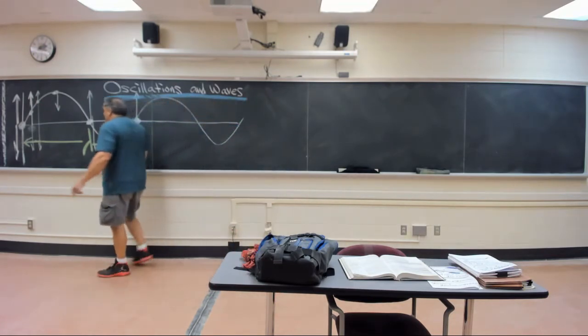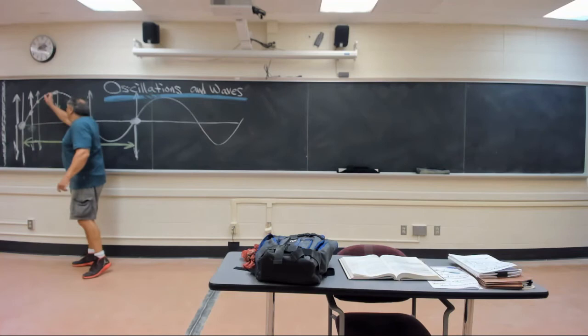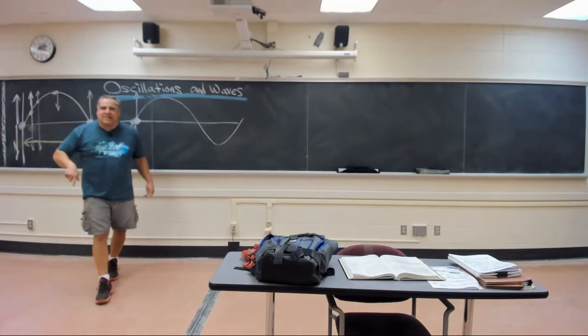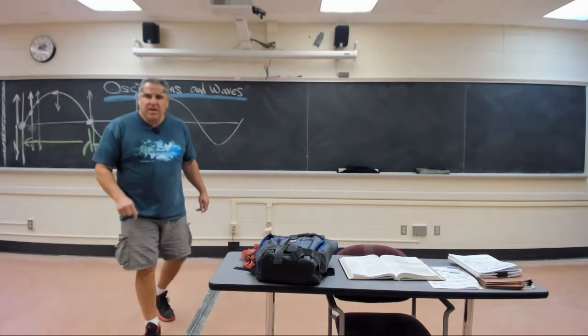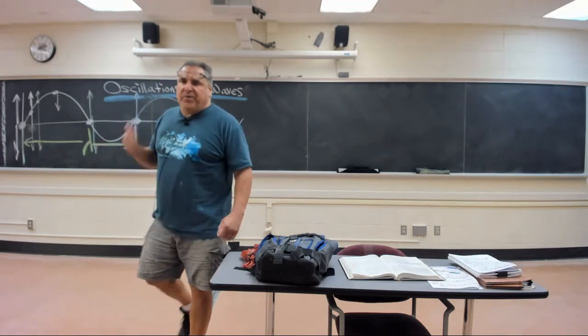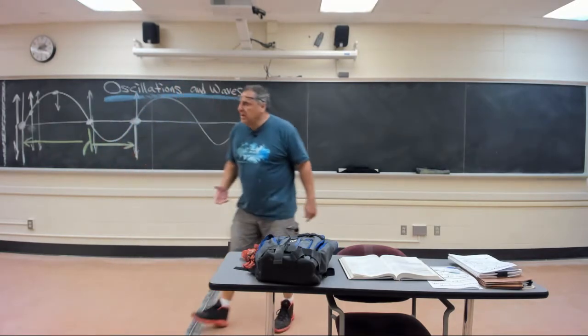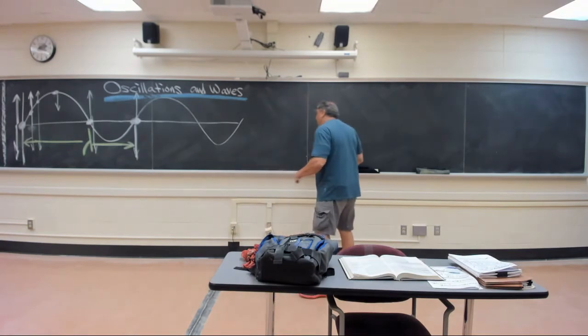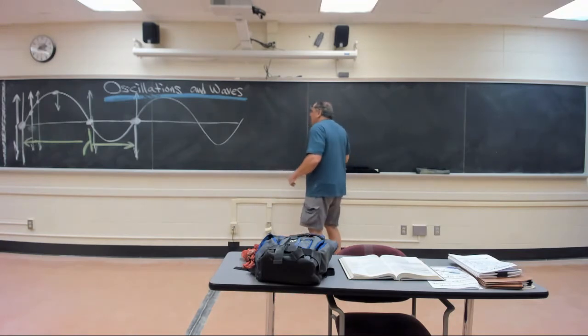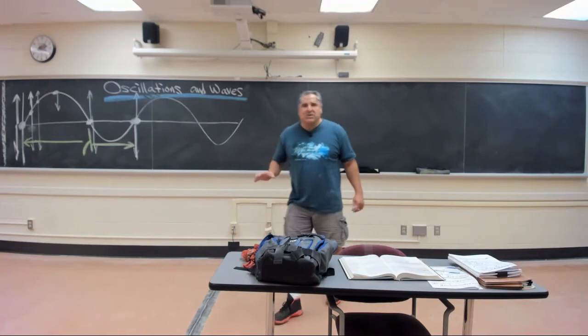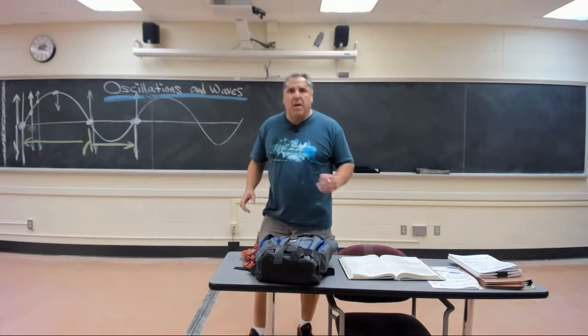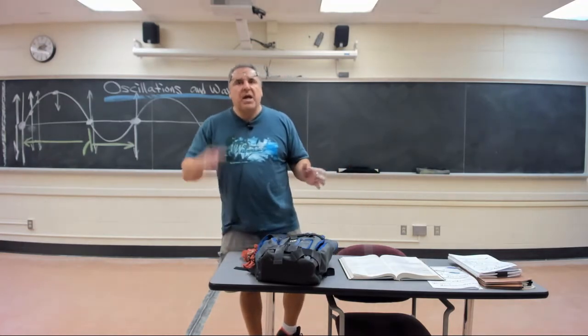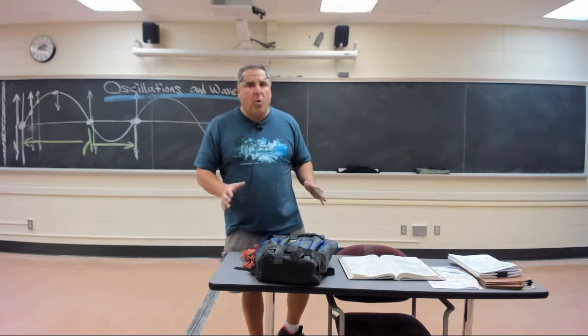What's going on here? Well, every one of these particles oscillates in simple harmonic motion. Remember, with simple harmonic oscillators, we were talking about springs, and we're going to talk more about springs, the energy in any simple harmonic oscillator is equal to the sum of the potential energy and the kinetic energy at any particular point.